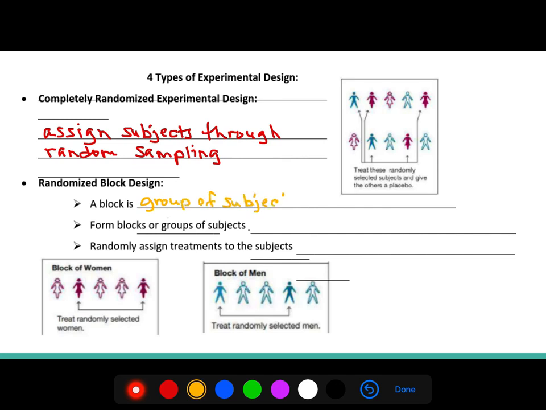A randomized block design is where a block is a group of subjects that are similar, like gender or age. And you form blocks or groups of subjects with similar characteristics, and then you randomly assign treatments to the subjects within each block.